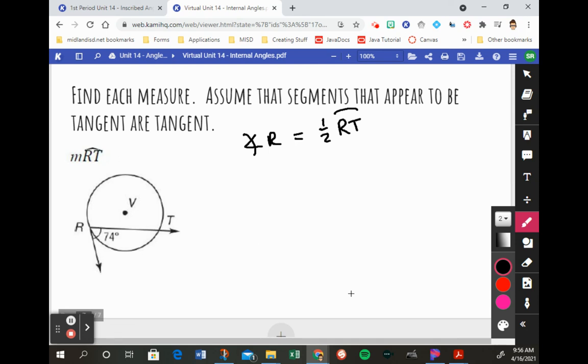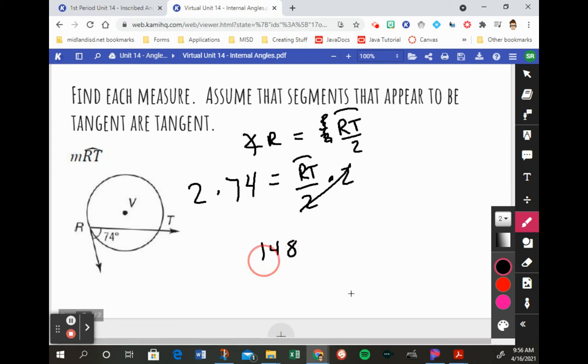I have angle R. Angle R is 74, equal to, I can take the 1/2 and write it as RT divided by 2. I want to get rid of that divided by 2, so I multiply by 2. That cancels. So 74 times 2 is 148 degrees equals RT.